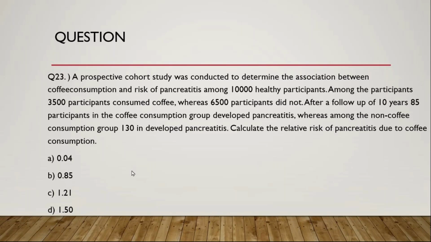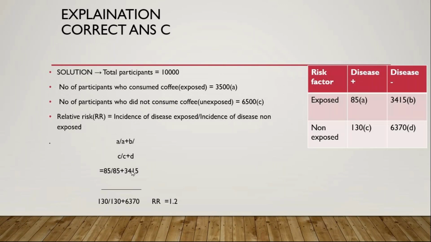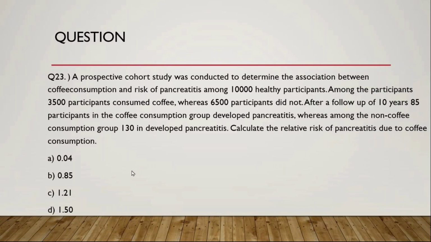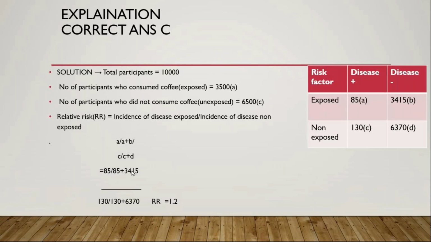Option C, 1.21. Yes, it's correct. It is 1.21. So how have you solved the question? Make a 2 by 2 table like this. The factor is exposed to coffee present and non-exposed coffee absent. Disease is pancreatitis.